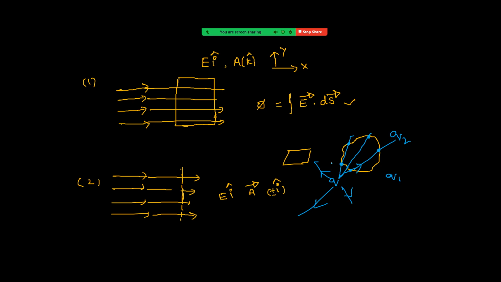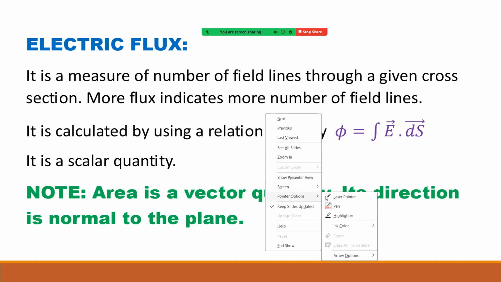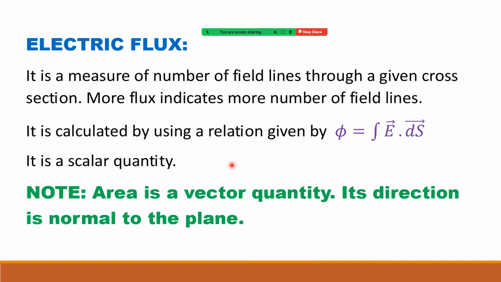Okay, let's see the notes for this. See what is given here. It is a measure of the number of field lines through a given cross section. So more flux indicates more field lines. And how to calculate it? Using the integral of E bar dot ds bar.